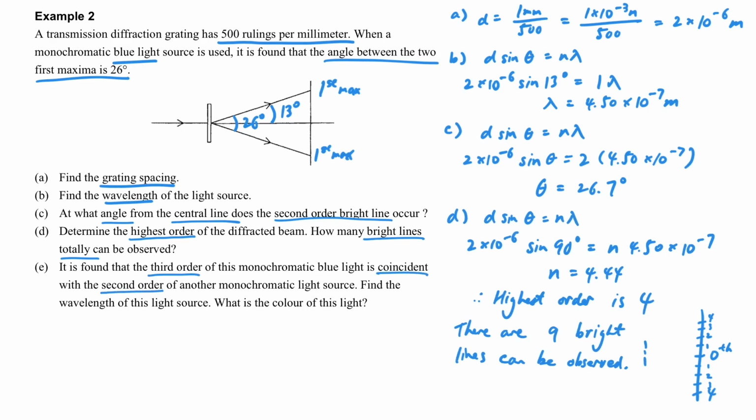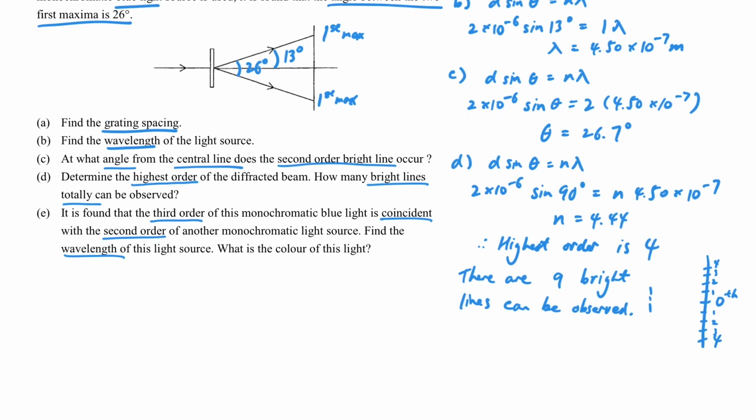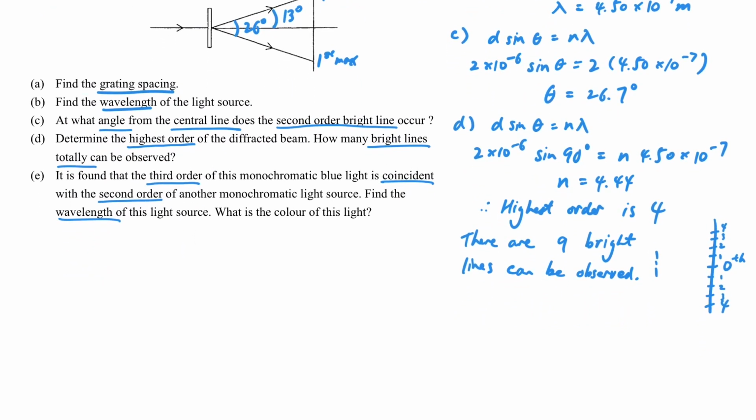Then, if we find that the third order line is coincident with the second order line of another light source, find the wavelength of that light source. Once again, the same equation. This time we consider theta 3, so the order number is 3.